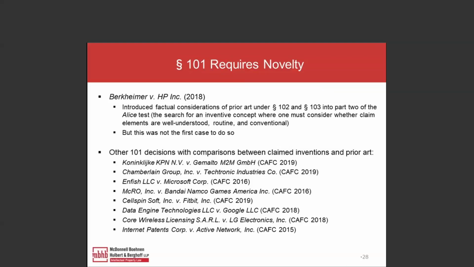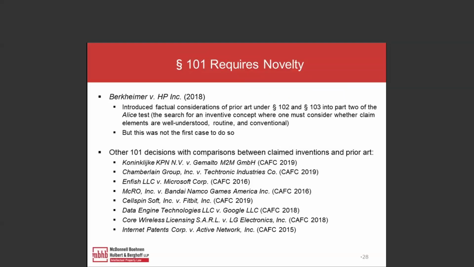So even though Berkheimer came down in 2018 and explicitly made a comparison between claims and the prior art part of the 101 analysis, it hasn't really been fleshed out much beyond that, but it also wasn't the first case to do that.